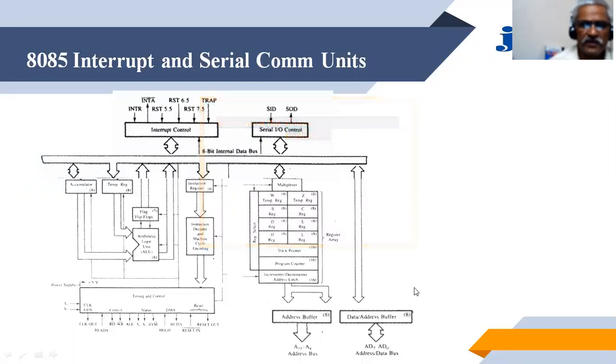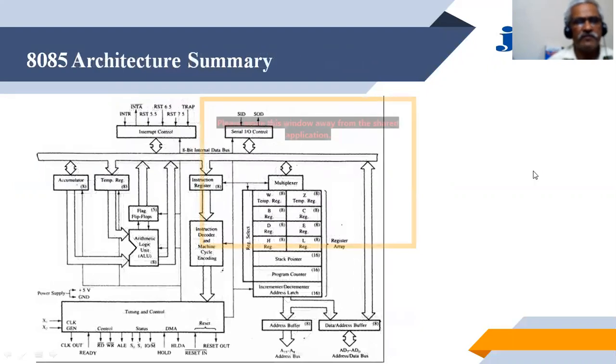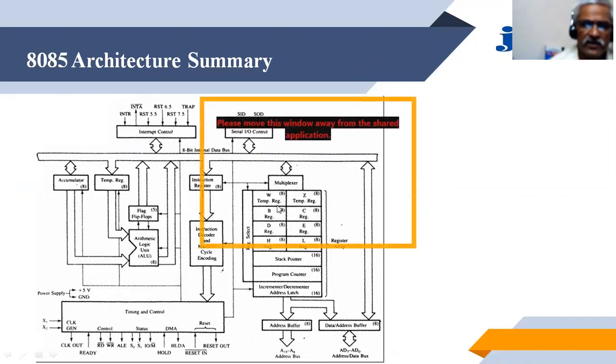So when we combine all these blocks, the 8085 finally looks like this. It has a set of registers, which contains the general purpose registers, the pointer registers, incrementer and decrementer. It also has the address and data bus buffer.